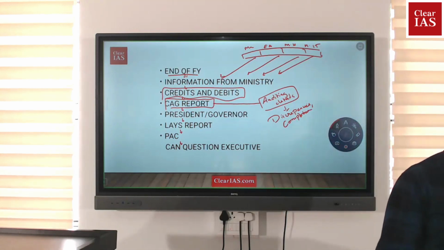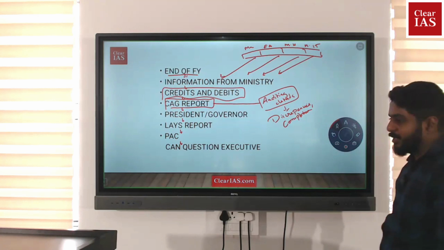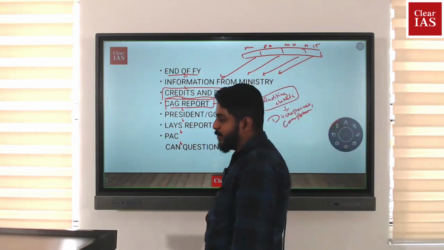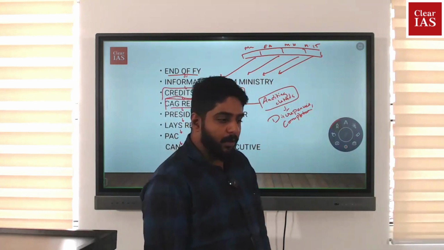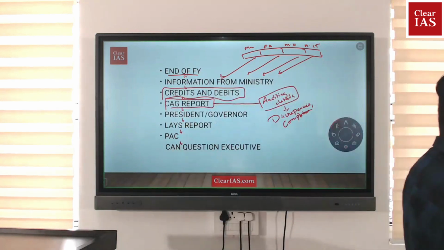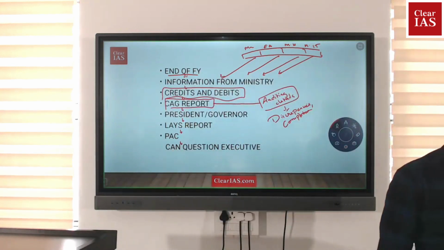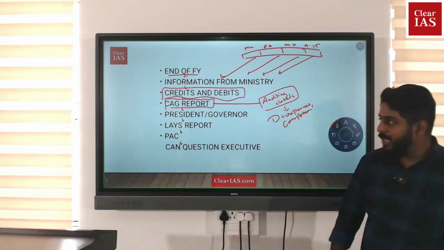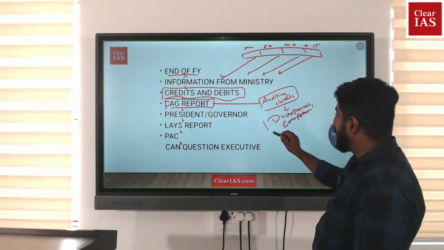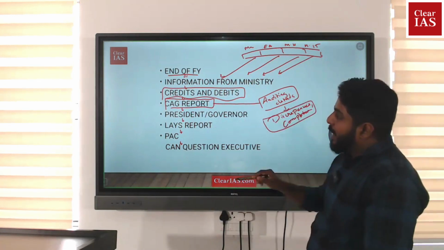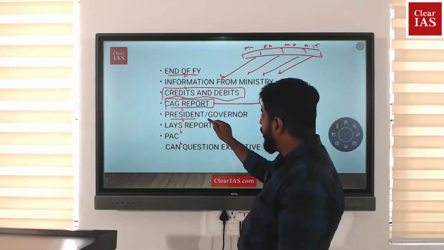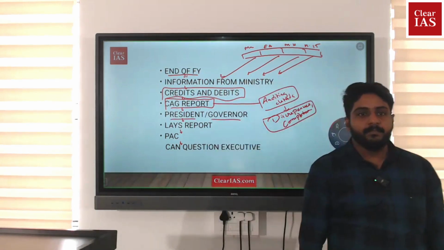He will separately note it down: this much money is not seen here, this much money, I don't know where it has gone. The Ministry of Home Affairs or the Ministry of Foreign Affairs, we have unaccounted money. So he will point to some of the discrepancies or corruption, and he will submit the report to the President of India or the Governor.